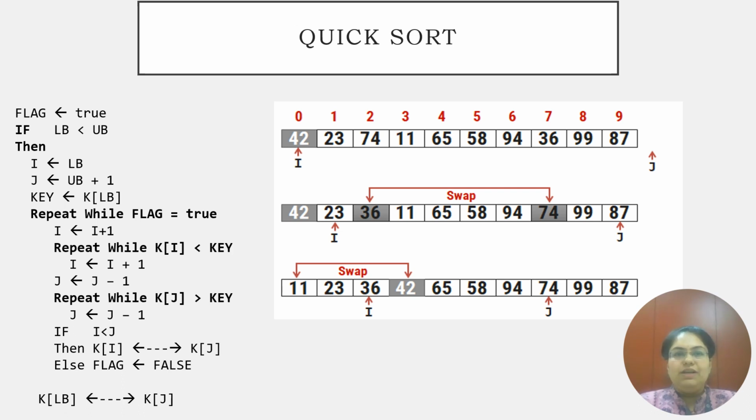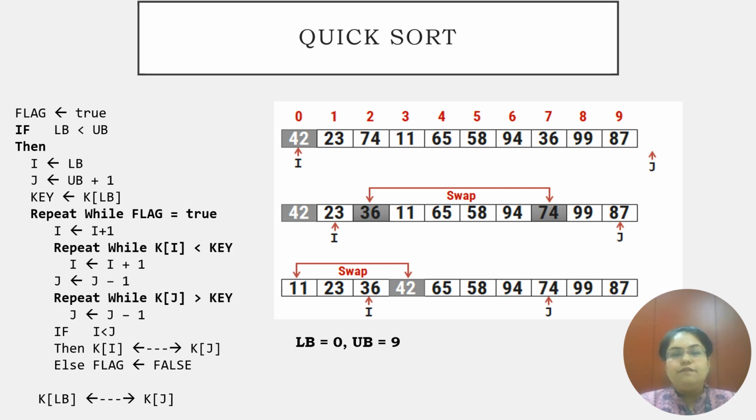Now we will repeat this while the flag is true. We will increase I by 1 till k of I is no longer less than key, and we will decrement j by 1 till k of j is no longer greater than key.